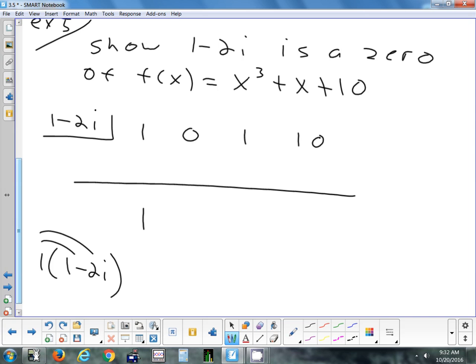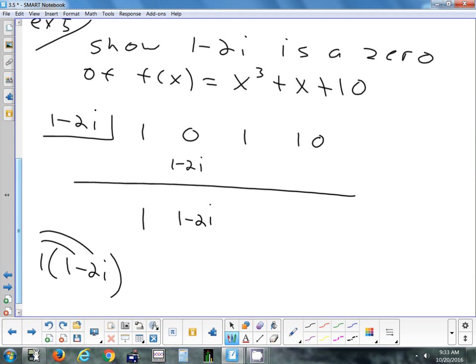No. So multiply it, put your answer in the second column, and now add. What's 1 minus 2i plus 0? 1 minus 2i. Stays the same. Okay, now here's where the arithmetic gets a little more involved, but luckily we're only going to have to do it twice and then we're done.